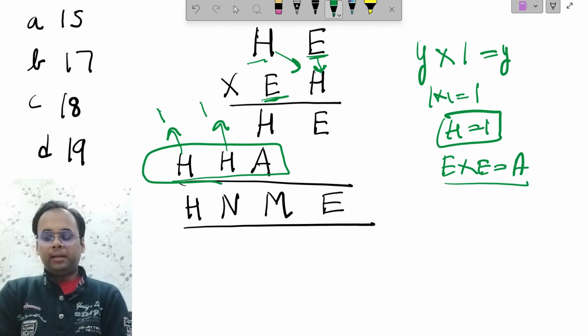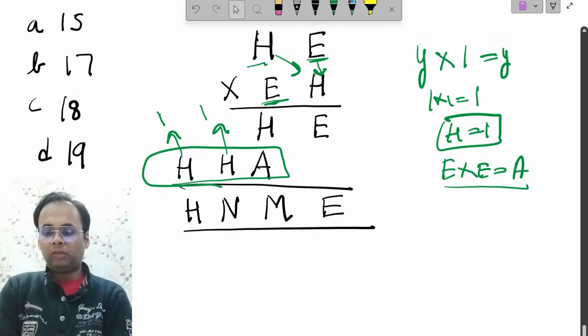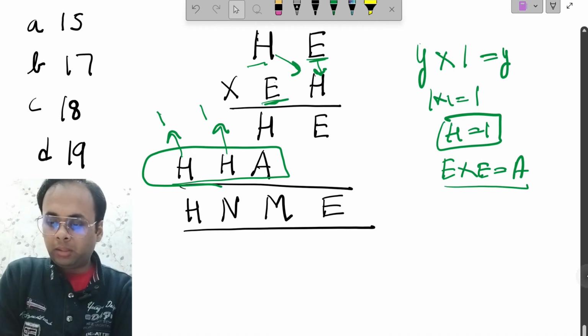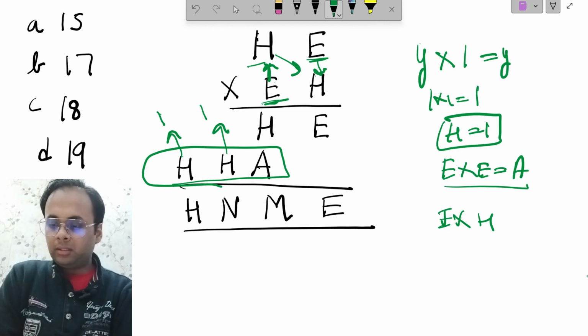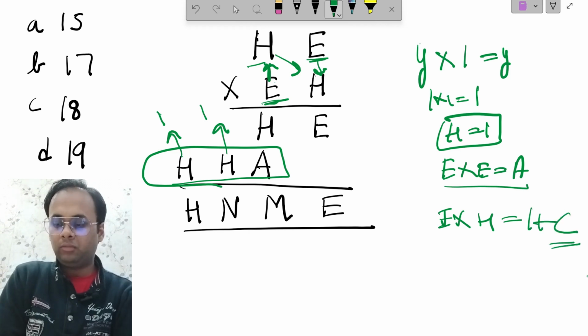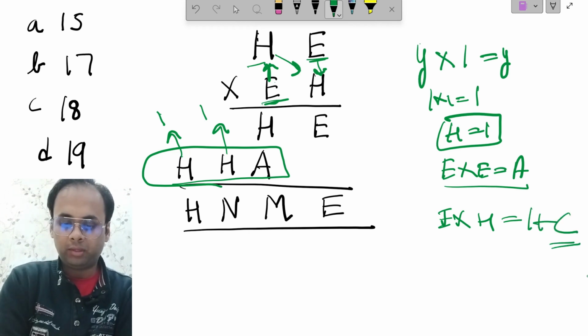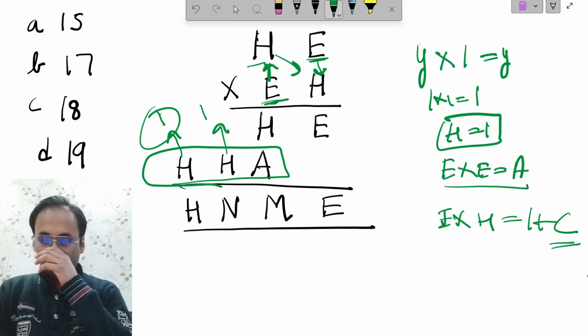And then E gets multiplied by H here, and the result gives this 1 plus some sort of further carry, and this carry is 1 here. So we have to think about it.